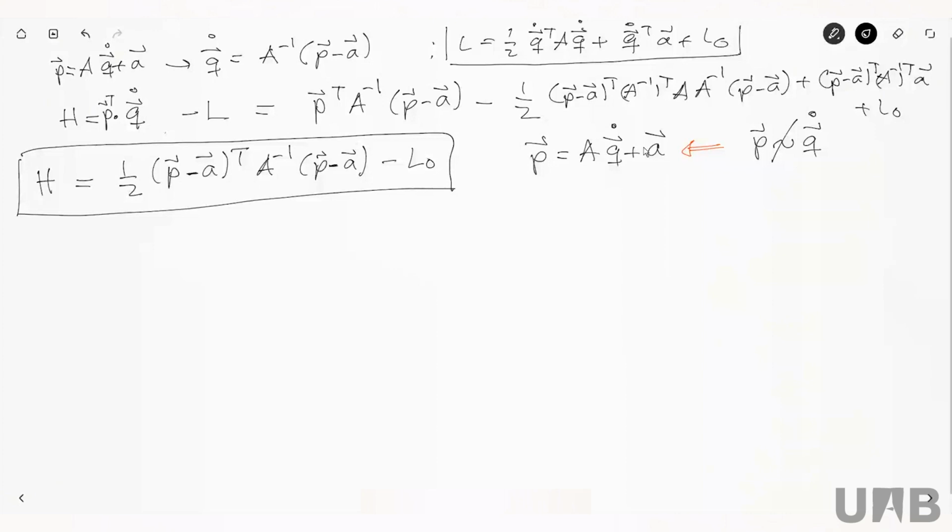Okay? So let's see a couple of examples, so that you see that it actually happens what we're saying here in general, okay? So that's example number 1, the motion of a particle of mass m in a central potential.